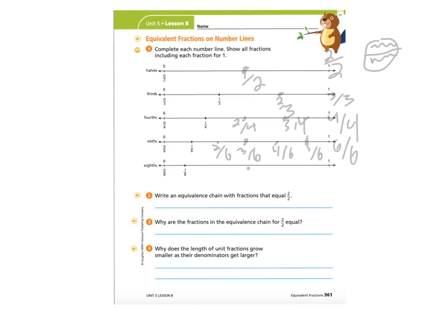I'm going to find the middle first on the next one. That would be 4/8, and then I need to find 2 more points. Halfway in between 0/8 and 4/8 would be 2/8. Halfway in between there would be 3/8. So now 4/8 is equal to 1/2. That got a little sloppy there, sorry.